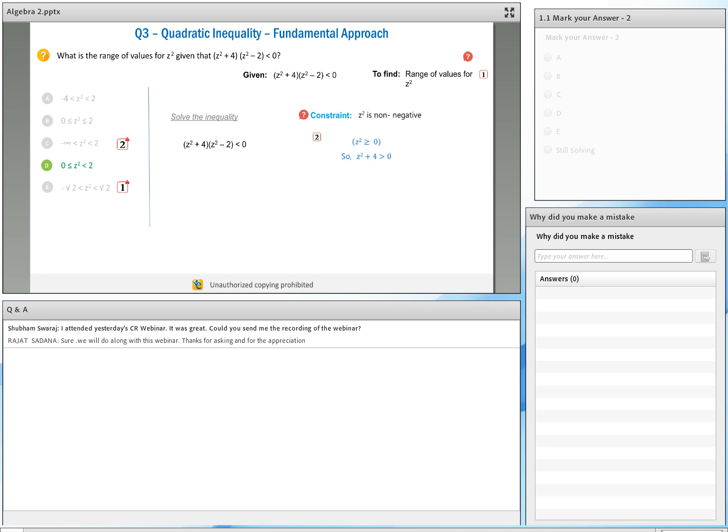Why? Because in the world of GMAT, a square is always a positive number. So z square plus 4 is always greater than 0, which means z square minus 2 has to be negative, which means that z square has to be less than 2. Z square can't be equal to 2, which means z square is between 0 and 2. It can take the value of 0, because when it takes 0, the entire product is still negative, but it cannot take 2.